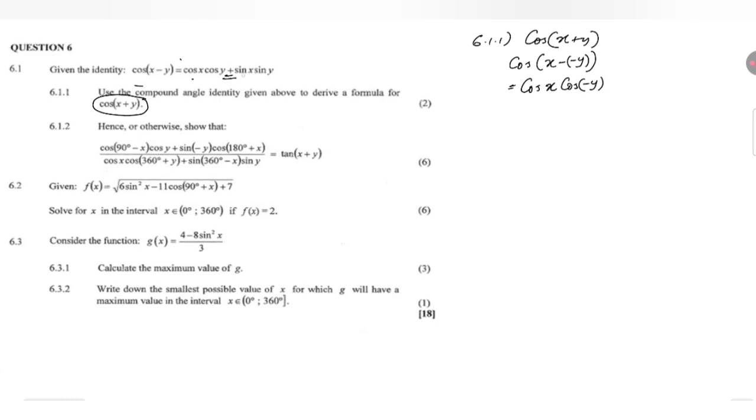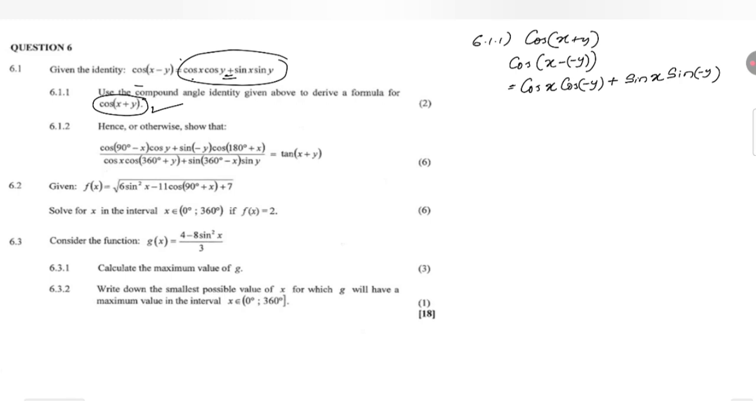Then plus, because don't forget, you are allowed to use only this one to arrive at the result of cos(x plus y). Then sin x, because x is x itself, then sin y, and in the place of y you write minus y. You understand?